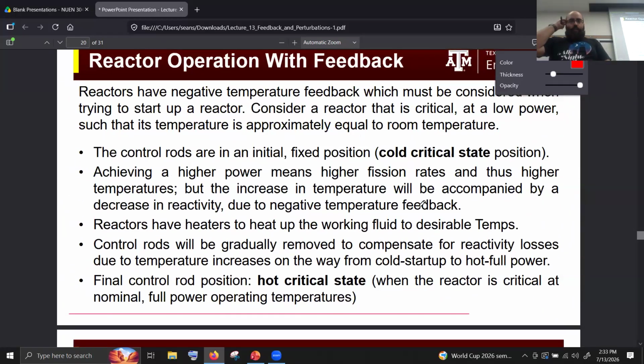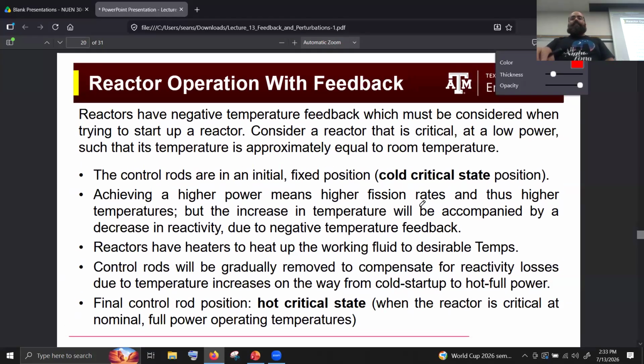So in terms of operating a reactor with feedback, you have to be aware of the fact that reactors do have feedback, which means that as you try to change the power level of your reactor, you have a series of steps to go through, because every time you do something to increase power, that's going to impact temperature, which will probably have a negative feedback effect, which would then cause your power to go back down.